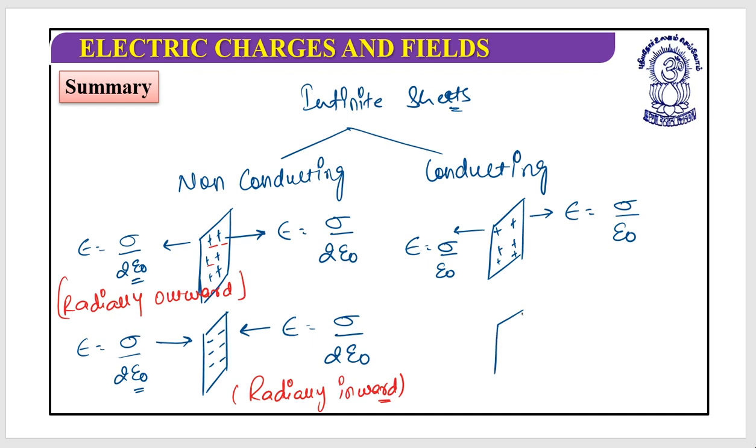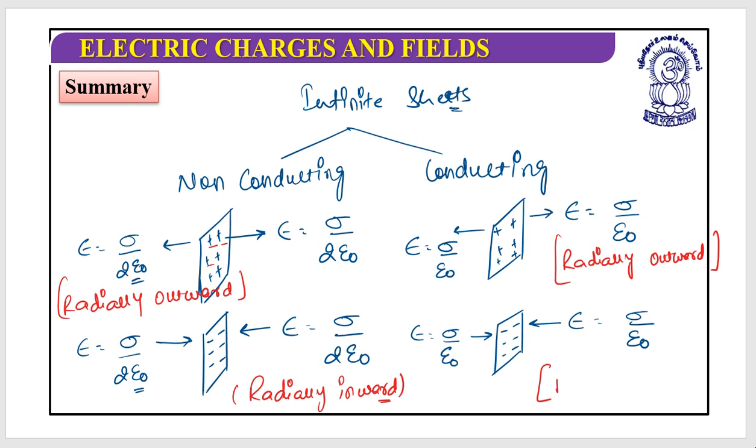If the plate is having negative charge, then the magnitude would remain the same, but the direction would be radially inward.